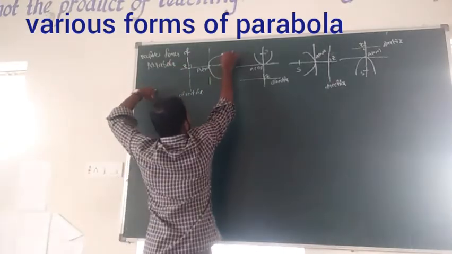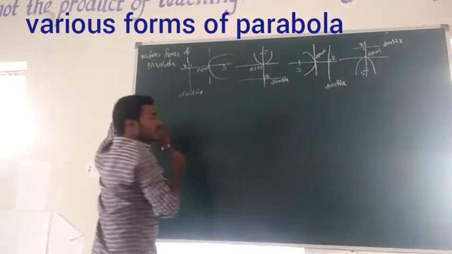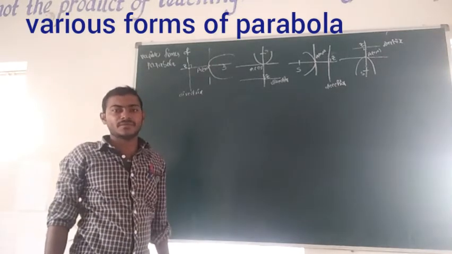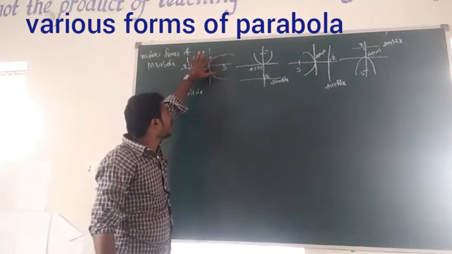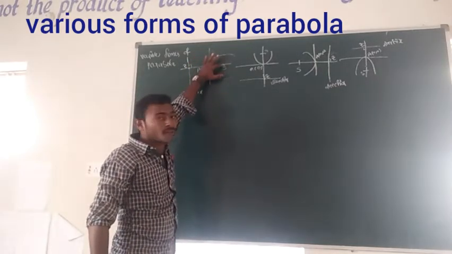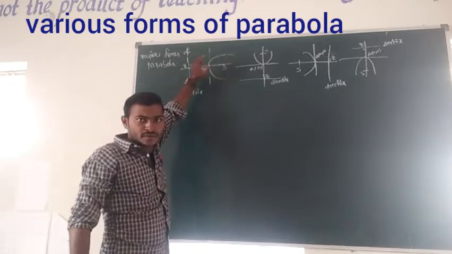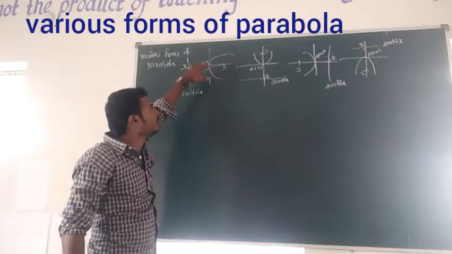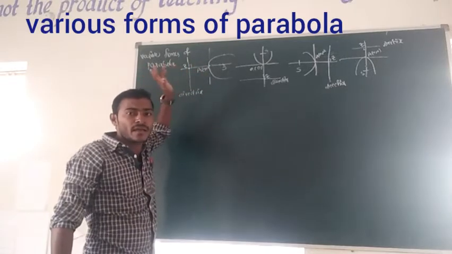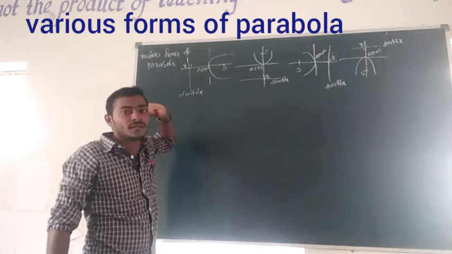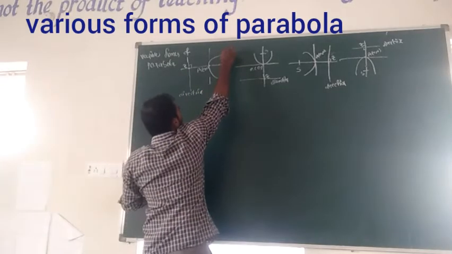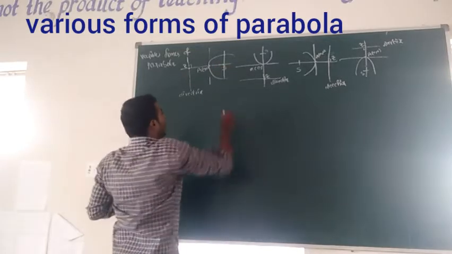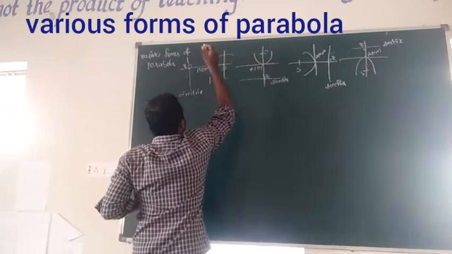Now I am telling the definition of the latus rectum. The latus rectum is the line passing through the focus and parallel to the directrix, that is, perpendicular to the axis of the curve. Here it is passing through the focus and parallel to the y-axis.